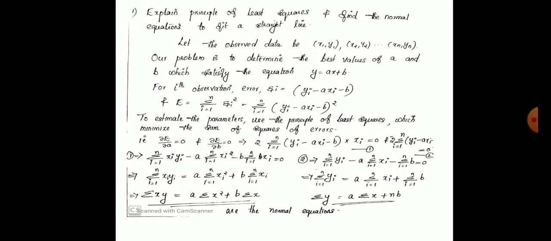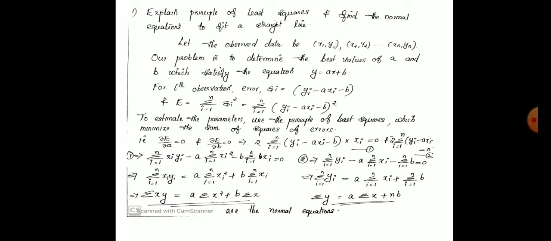The 2 can be cancelled and we can generalize it as sigma xy equals a into sigma x square plus b sigma x, since this is true for all xi and yi.